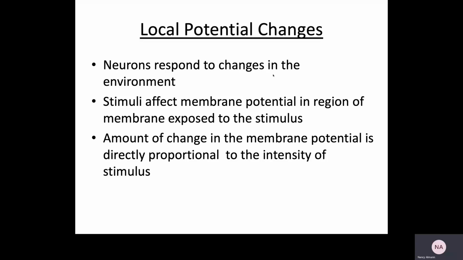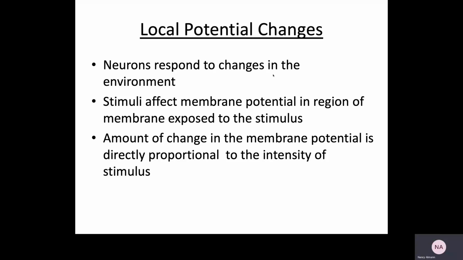When you talk about local potential changes, we know that neurons are going to respond or be stimulated by changes in the environment. That stimulus will affect the membrane potential in the region of the membrane that is exposed to that stimulus. The amount of change of that membrane potential will be directly proportional to the intensity of the stimulus.